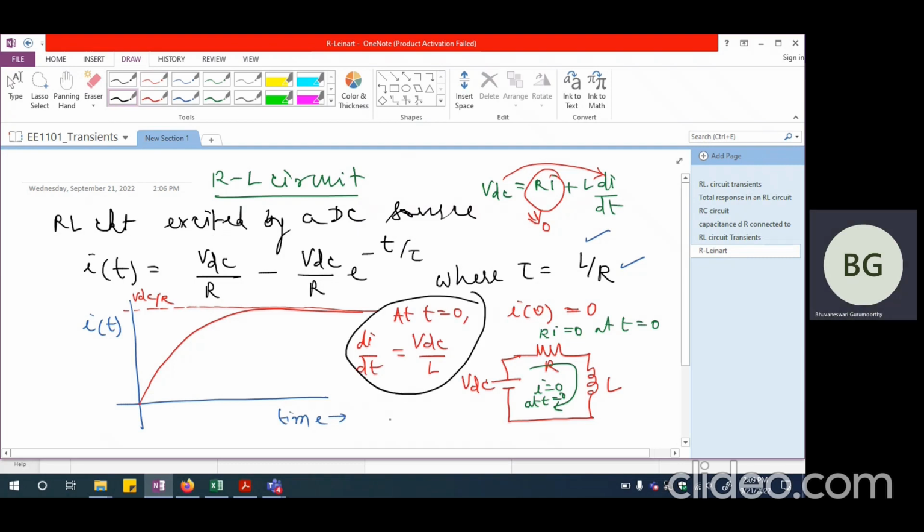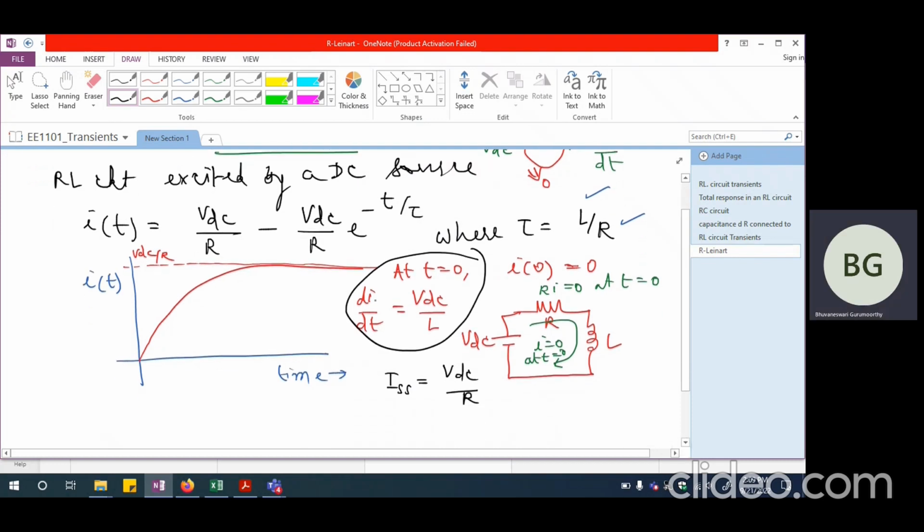And I know that the steady state current is VDC divided by R. So if the initial rate of rise of current, di by dt at time t equal to 0, had been retained at the same value, that is what we said when we defined the time constant.